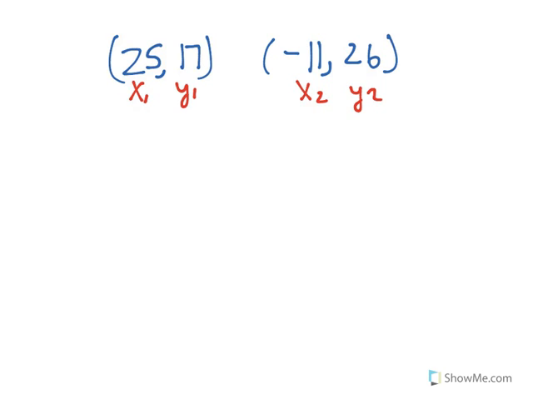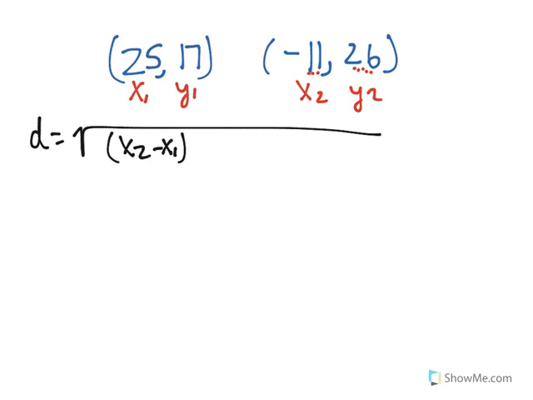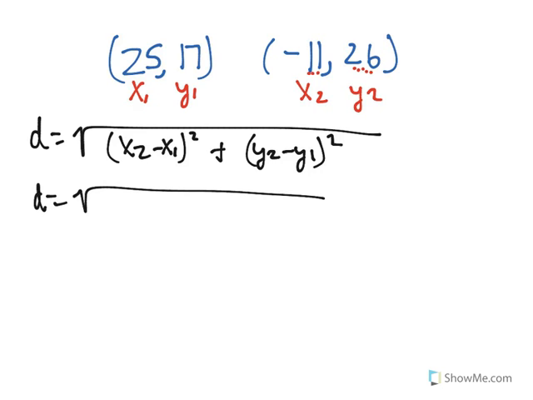Each ordered pair has an x value and a y value. So let's use my distance formula. D equals square root x2 minus x1 quantity squared plus y2 minus y1 quantity squared. I'm ready to substitute in my values.